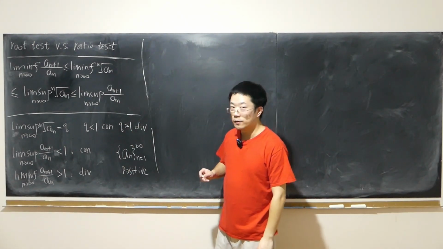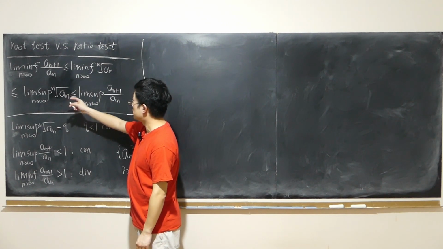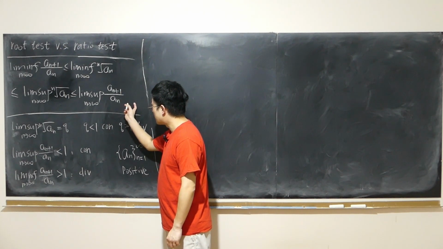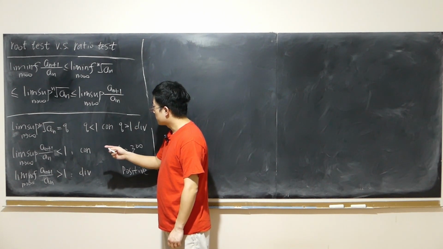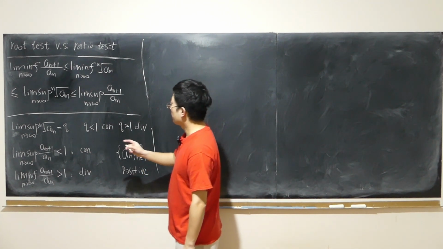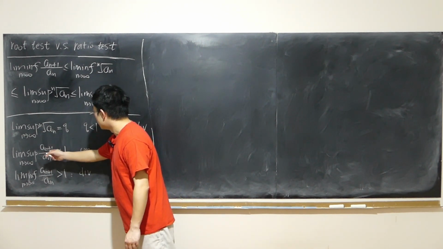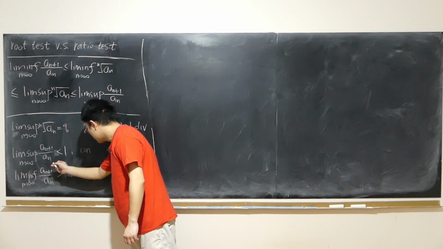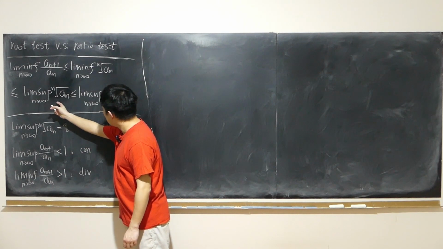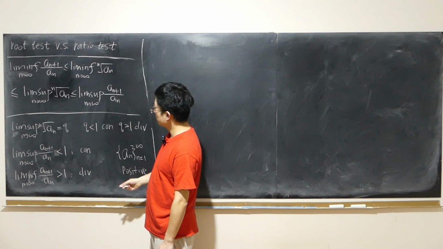Now coming back to the very first problem, here's why the root test is in some sense better than the ratio test. Using this proven result, if the ratio test succeeds, in other words, if somehow we've shown that the lim sup of the ratio is strictly less than 1, then using our result, the lim sup of the root is no larger than the lim sup of the ratio.